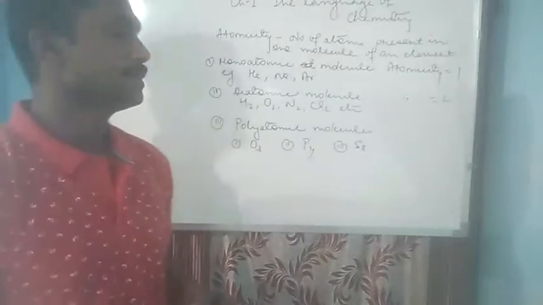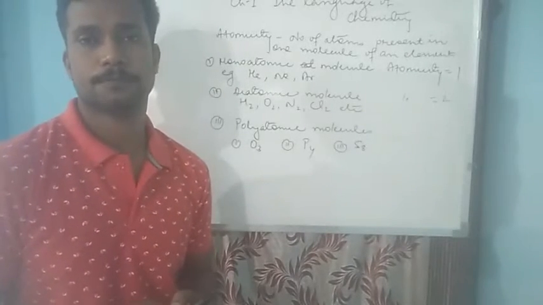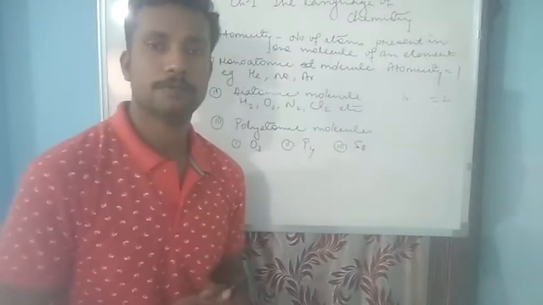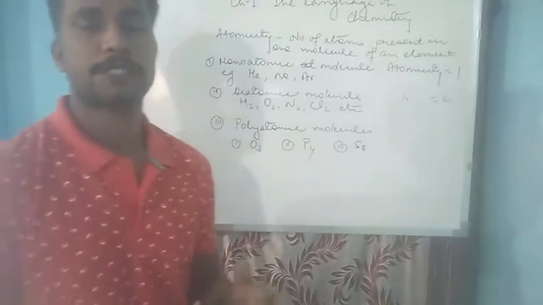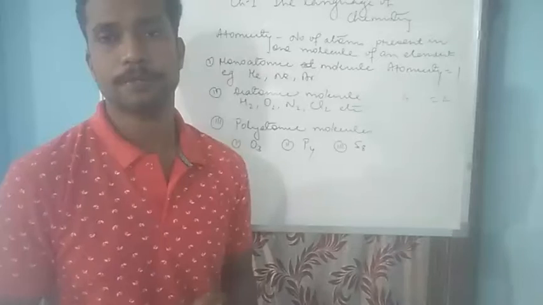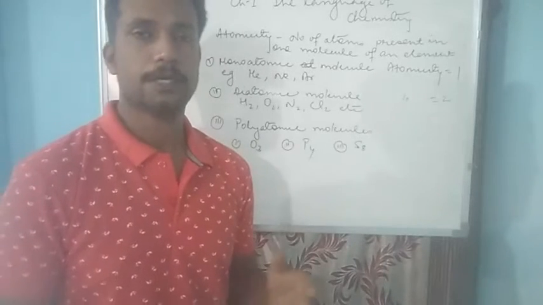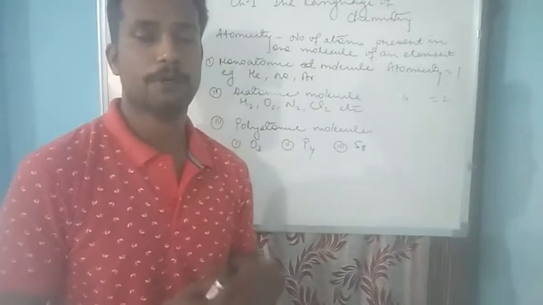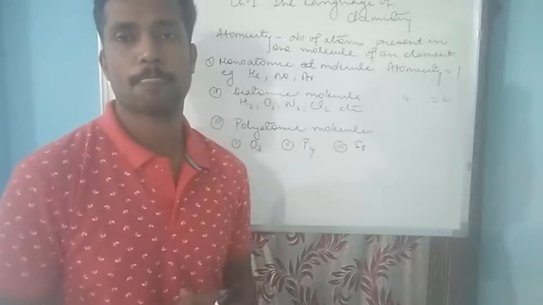Now after atomicity we have symbols. Symbols, as you know, are the way to represent one atom of an element, and there are different ways of writing the symbol.